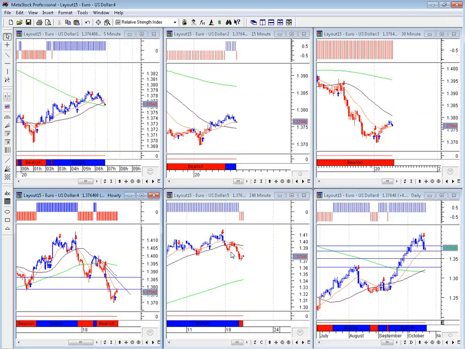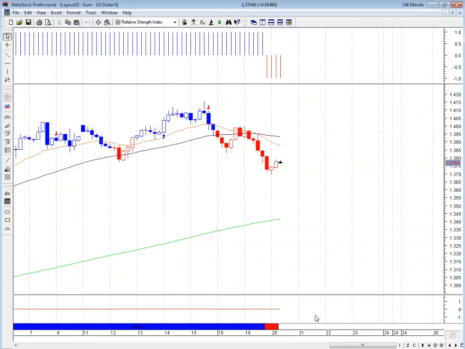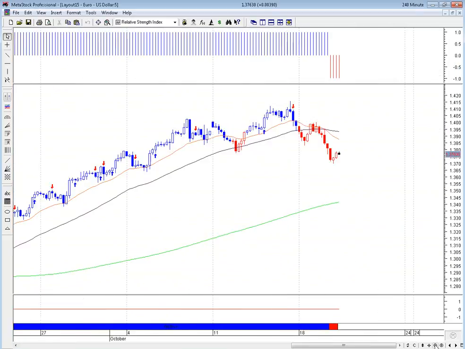For all you intraday traders, you can see that for the first time we're now really trading well below the 50-period moving average, which was acting as a really nice support level for this pair on the 4-hour time frame. And now you can see how it's broken through a previous support level as well as a resistance level in the past.